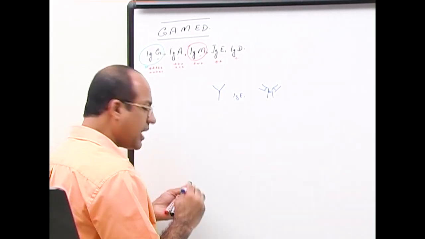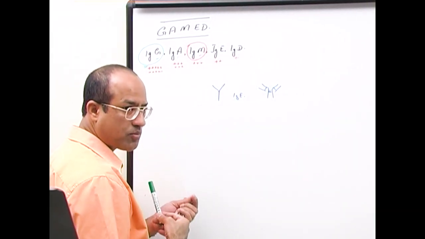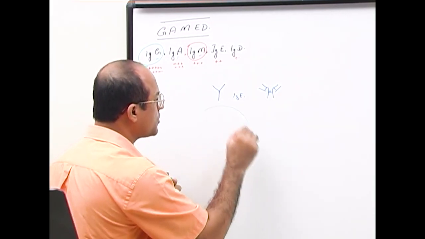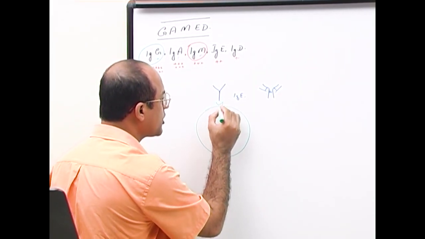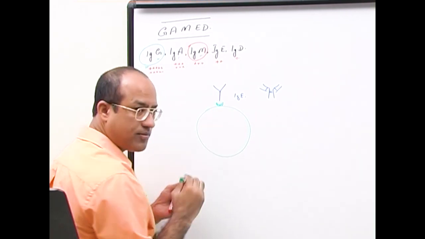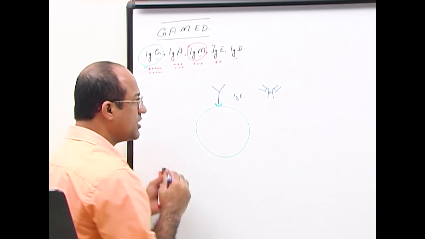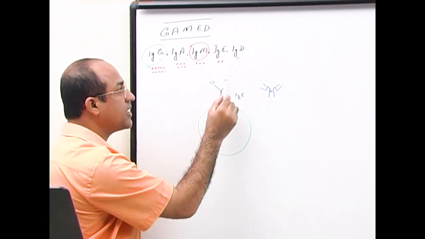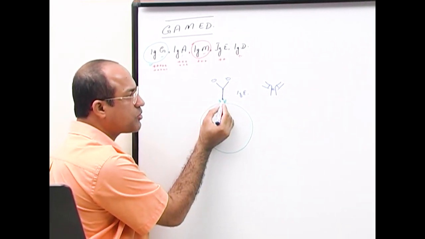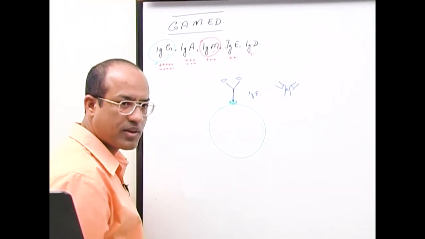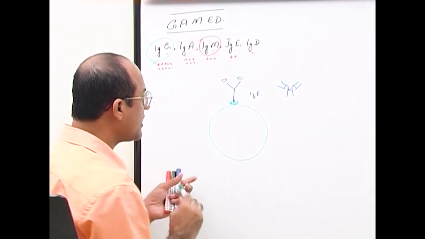But most of the IgE which is present in your body is bound with the mast cells, because mast cells have receptors for the Fc portion of IgE. But when antigen binds here, only then this Fc portion becomes active and stimulates the mast cells.